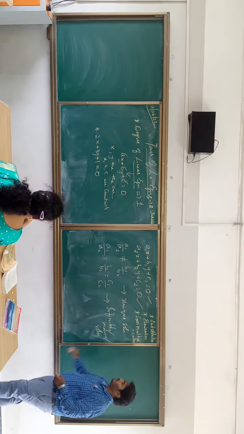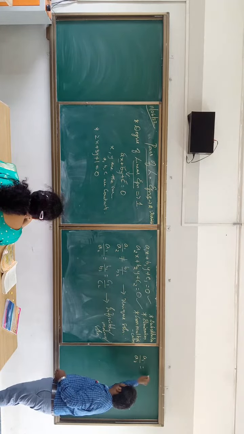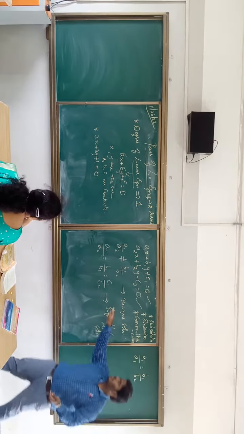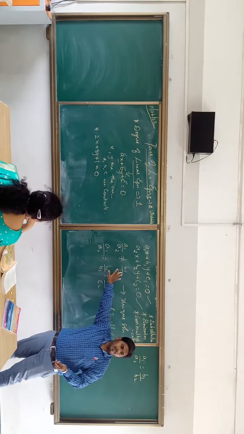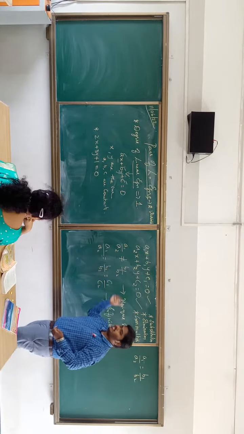And the next, a1 by a2 equals b1 by b2. People may have a doubt: here a1 by a2 is not equal to b1 by b2, and by the first condition itself, if it is not equal, it has a unique solution.